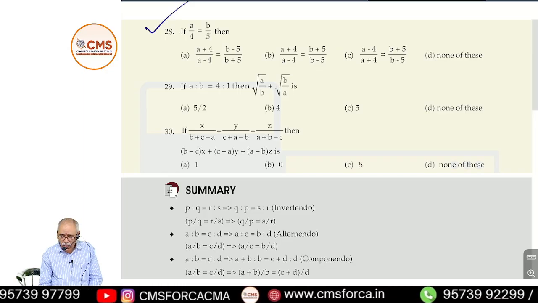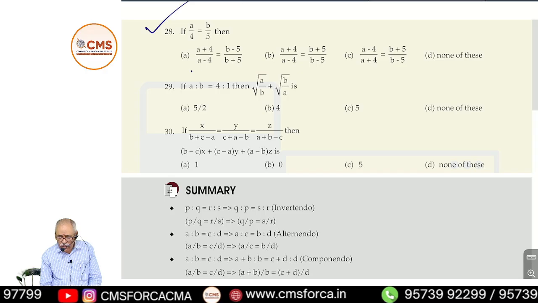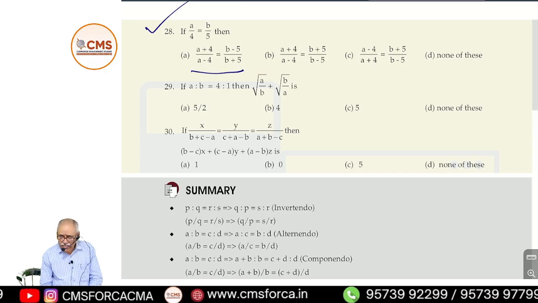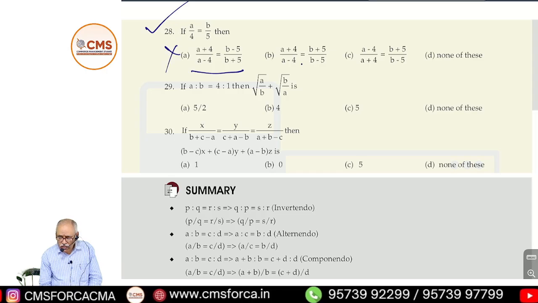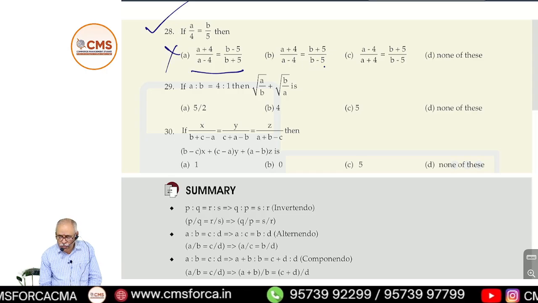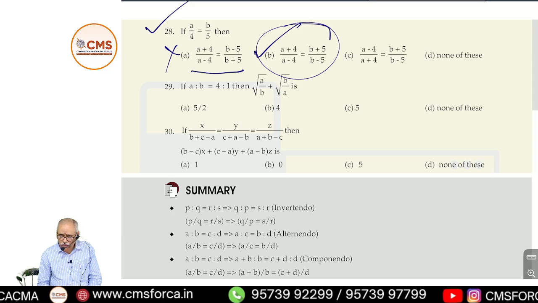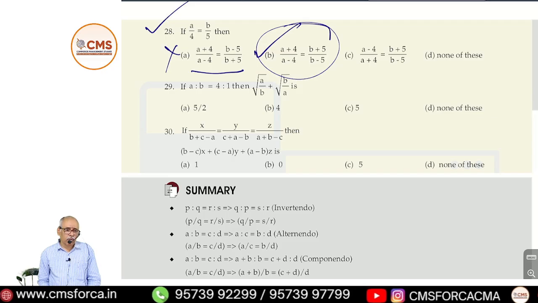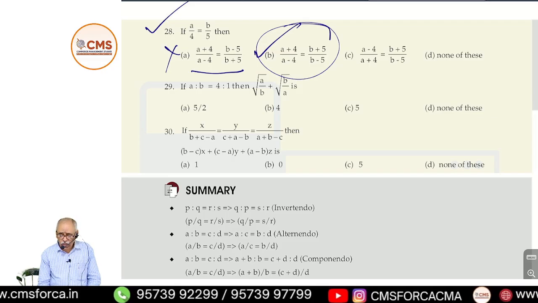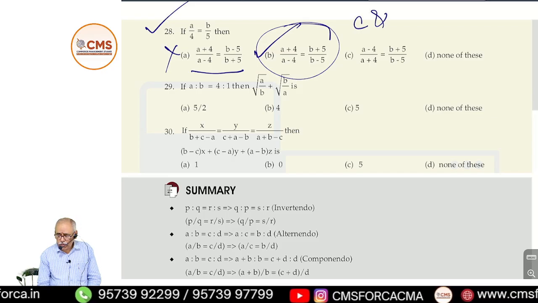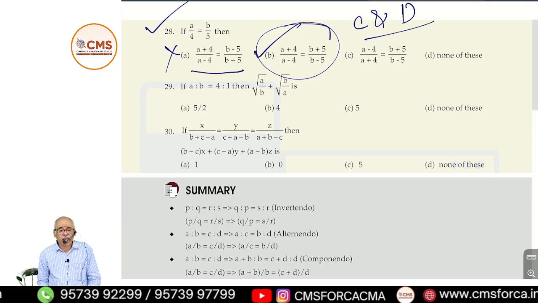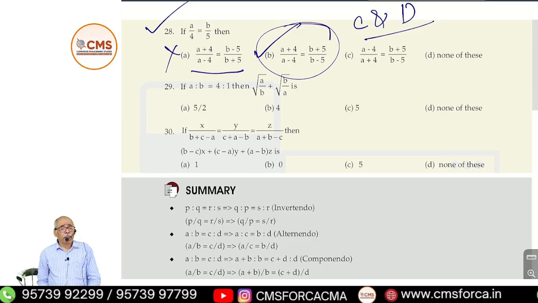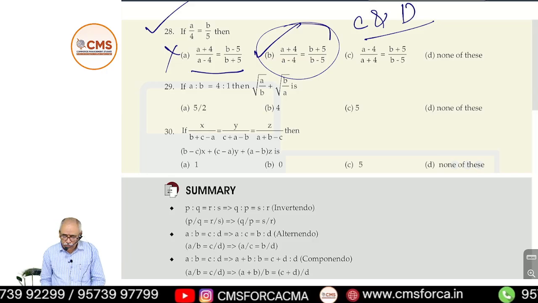A plus 4 by A minus 4 is equal to B plus 5 by B minus 5. So, which option is correct now? Option B is correct. This you need not solve. Which property it is? Componendo and dividendo property, C and D property.